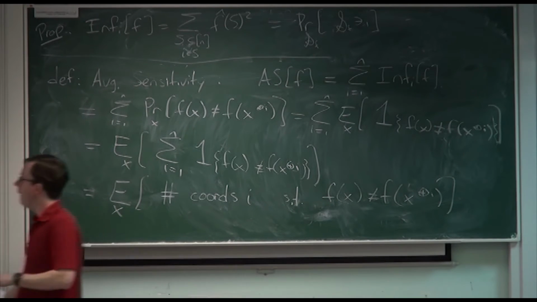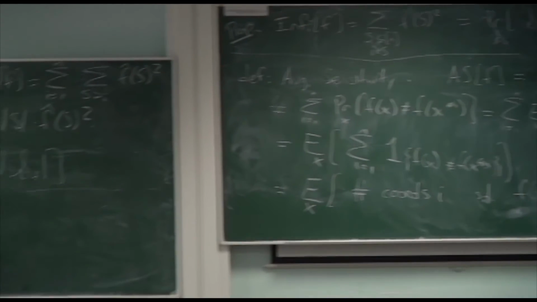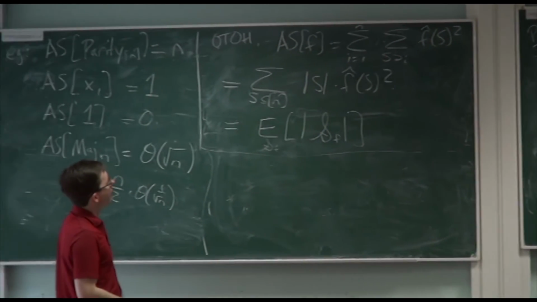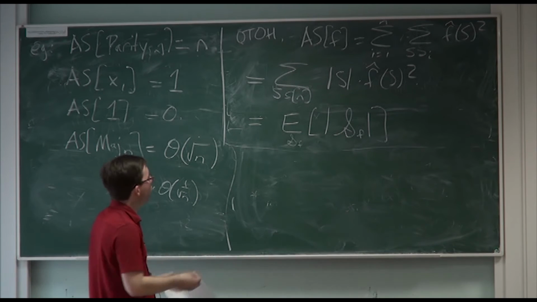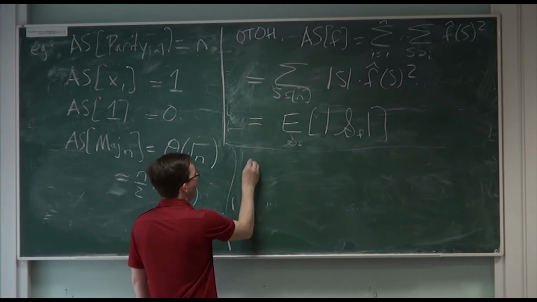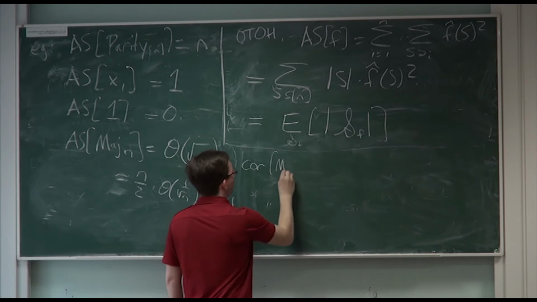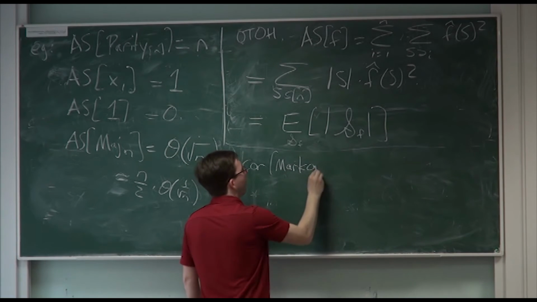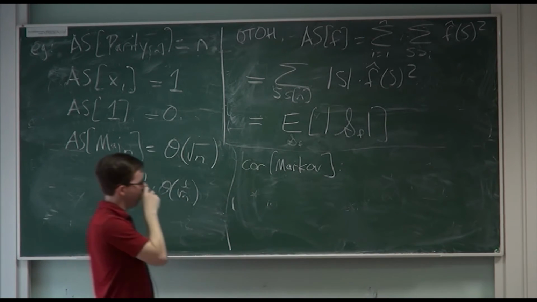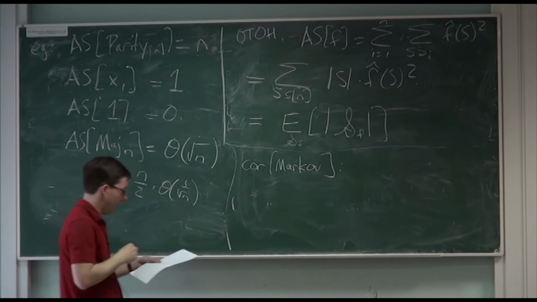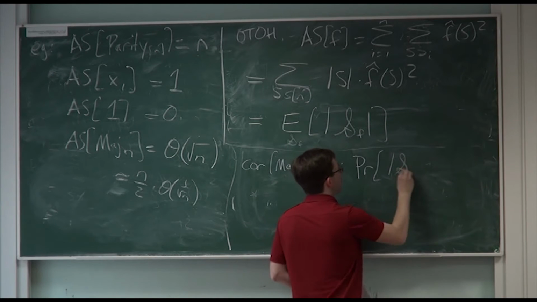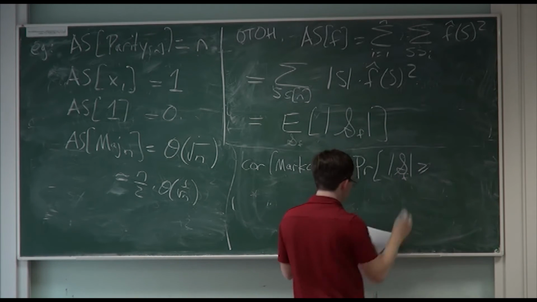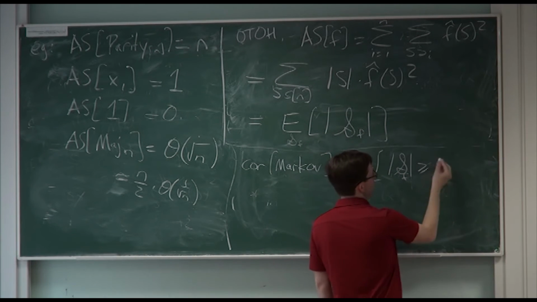Okay. So let me say a little bit more carefully what I was saying there. An immediate corollary of this fact, if we use Markov's inequality, it's appropriate being in St. Petersburg, is the following. The probability that the cardinality of the spectral sample is bigger than its expectation over epsilon is at most epsilon.